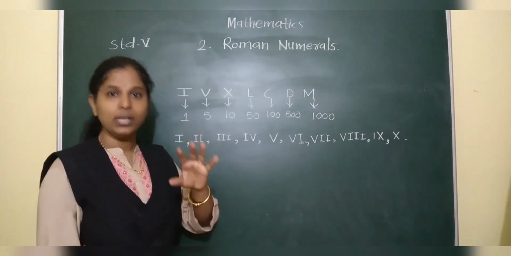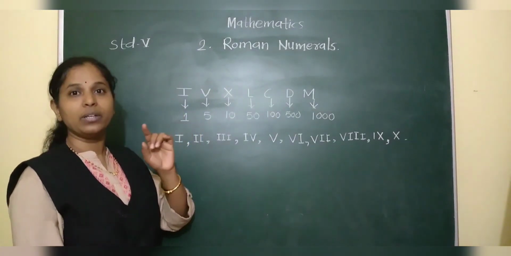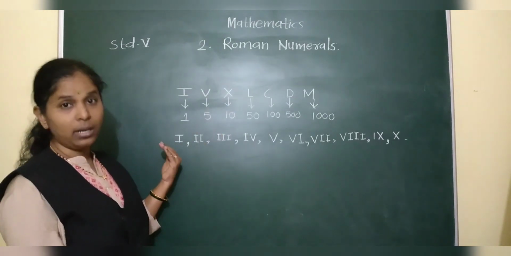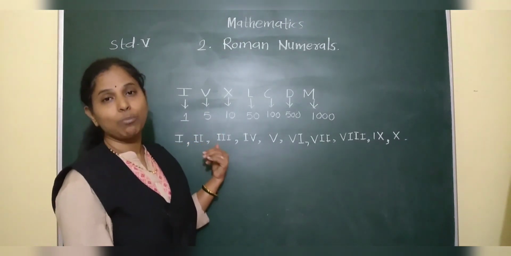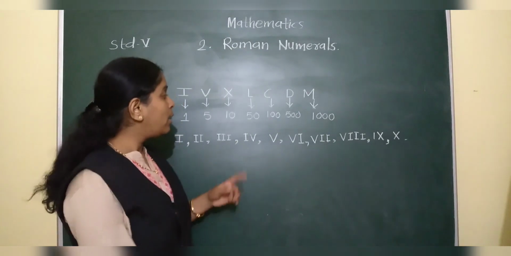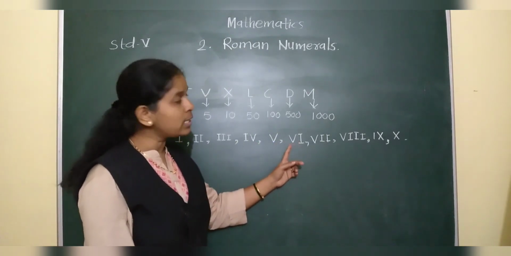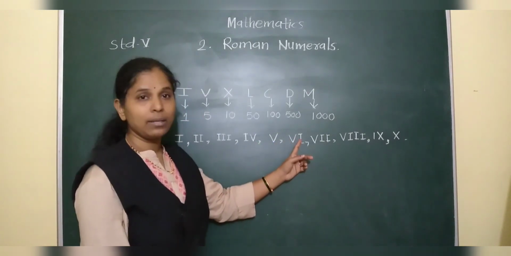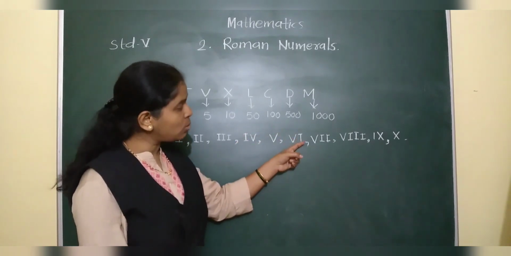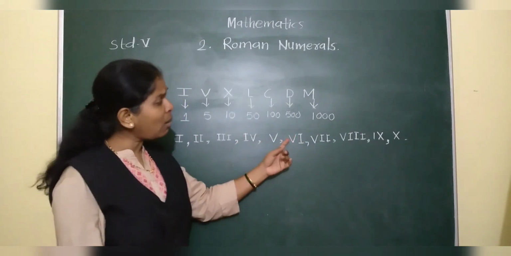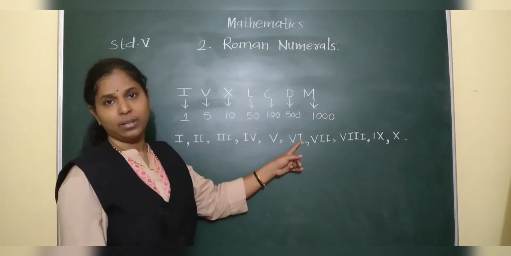So whenever we write the smaller numeral to the left of the greater, we have to subtract the smaller from the greater one. Now see 6, VI, V means 5 plus 1, 6. Here I added 1. Why?